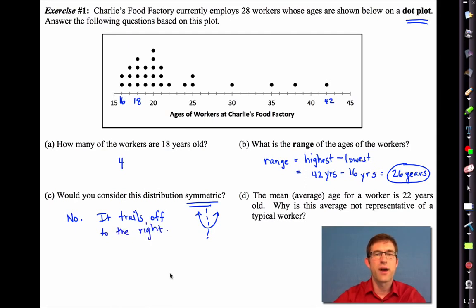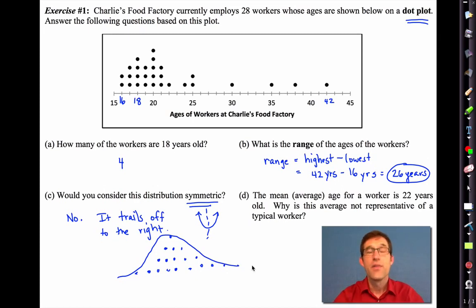A symmetric dot plot would look something like this. It would look the same on either side. This thing certainly doesn't look that way. It would look the same out here as it does out here.